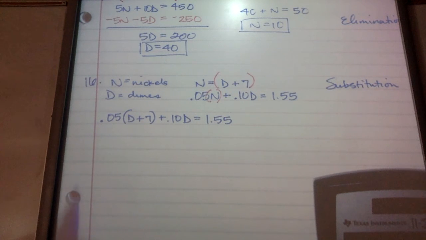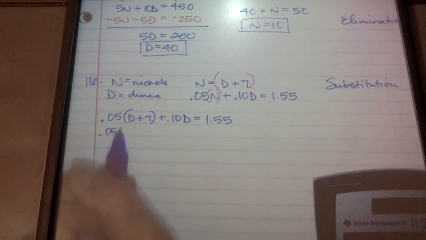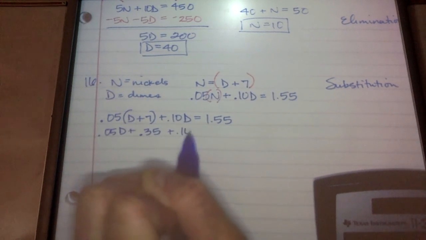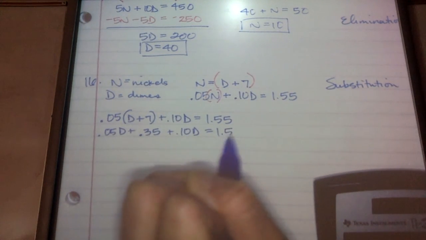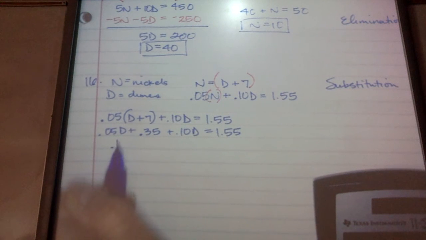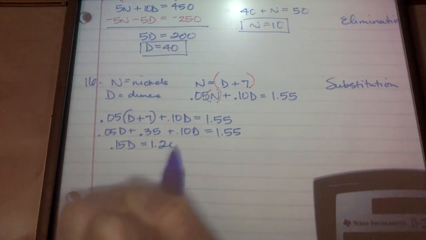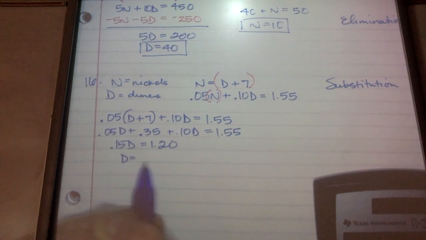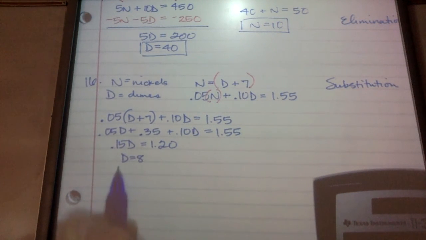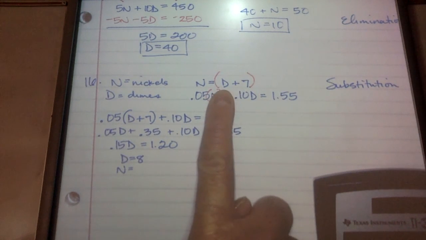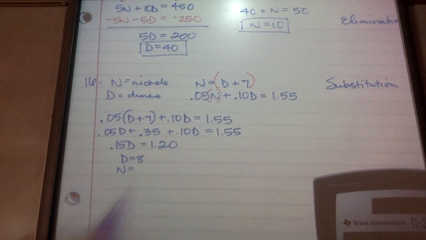We distribute, so I get 0.05 D plus 0.35 plus 0.10 D equals $1.55. So that would give me 0.15 times D equals $1.20. Divide, and dimes equals 8. If dimes is 8, plus 7 means that the number of nickels is 15.